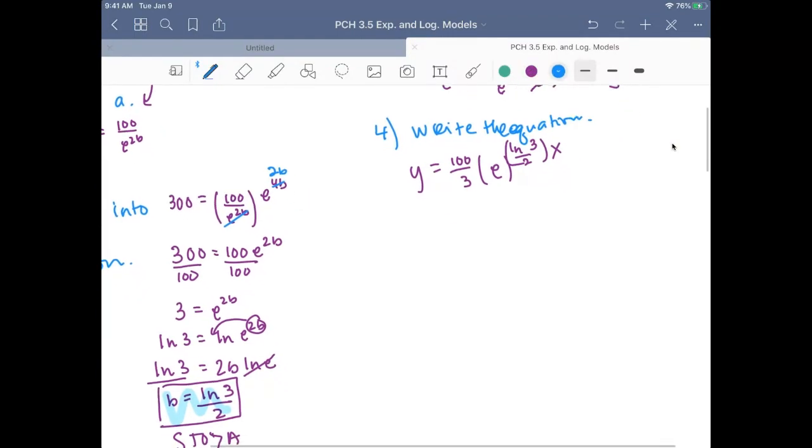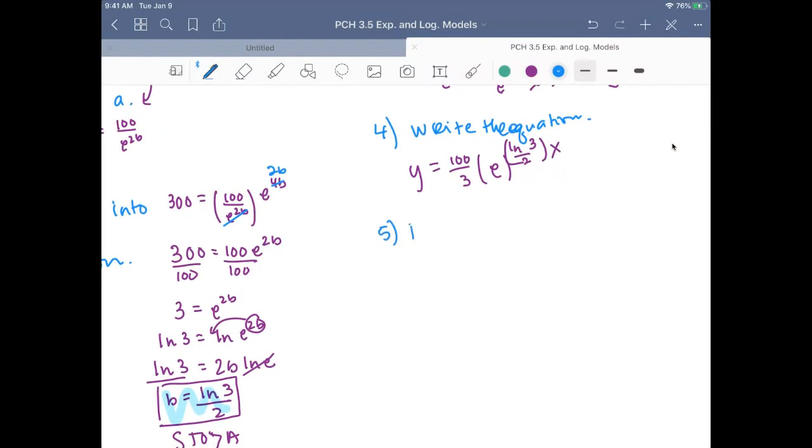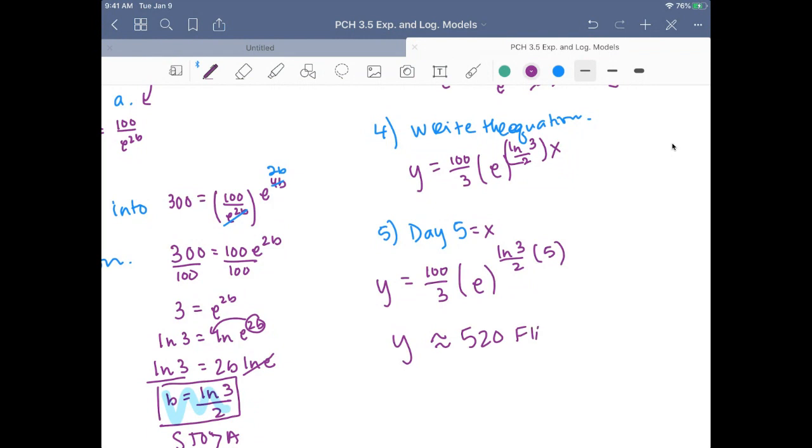So day 5 is x equals 5, so I have y equals 100 over 3 times e to the ln of 3 over 2 times 5. And when I get that in my calculator, I get about 520 flies.